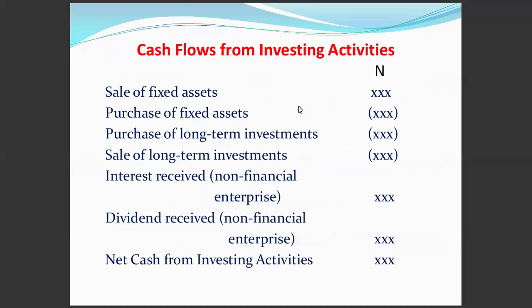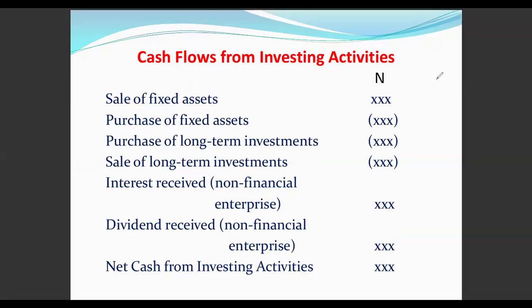So, how do we calculate? We first find out the sale of fixed assets or sale of long-term investments, and from that we deduct the expenditure. If we purchase any fixed asset or long-term assets, we again deduct because the cash is going out, and ultimately what we find is income from long term.